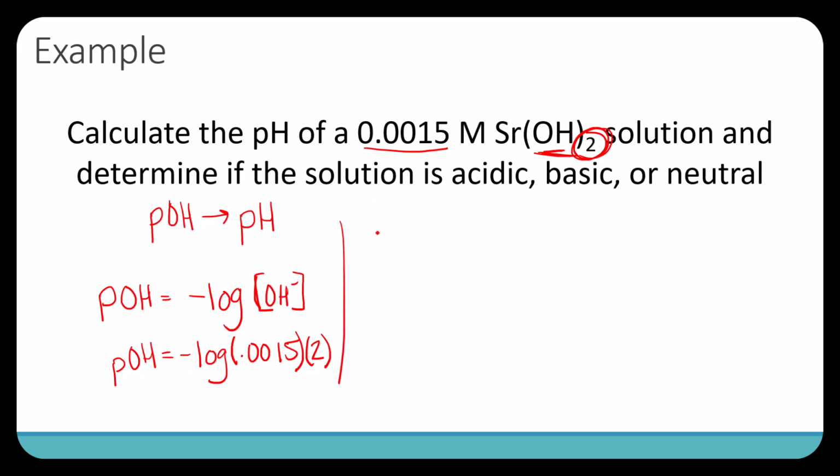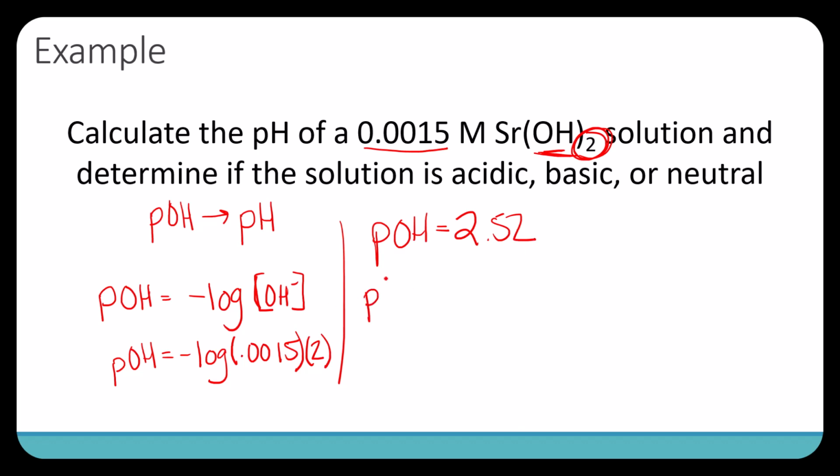Okay. So the pOH in this case would be 0.0015 times 2. And then I'm going to take the negative log of that, and I get that the pOH is 2.52.